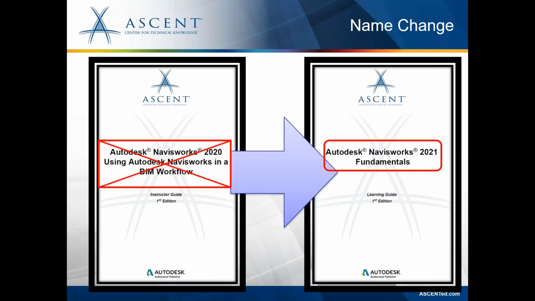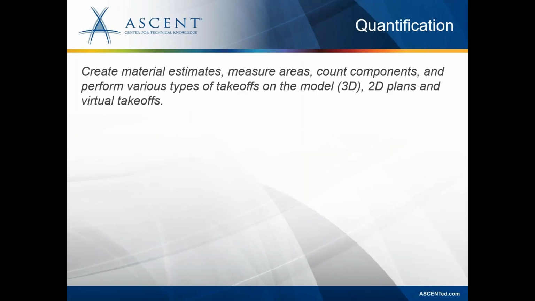And that also falls in line with our other Ascent courseware, Civil 3D, I believe Revit as well. A variety of our courseware has the fundamental title to it. And fundamental also means that we are not going to go through every aspect of the program. We're covering it at a fundamentals level.